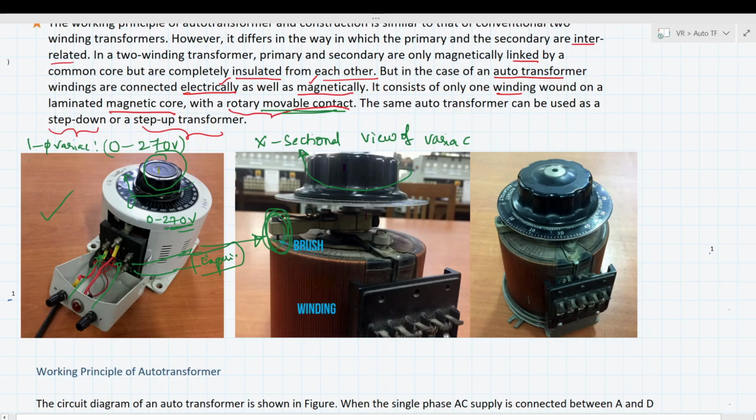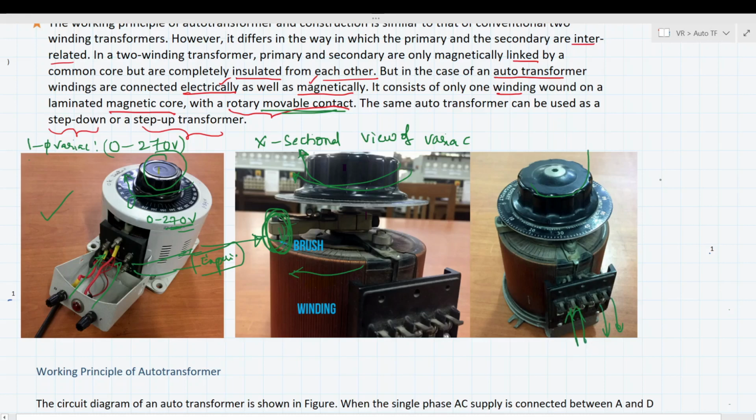This is the brush contact which moves on the winding, which is only one winding on which a brush is mounted. This brush will move when the knob is moved. By moving the knob we change the position of the brush so that the voltage is changed. From here we give the supply and take the supply from it.